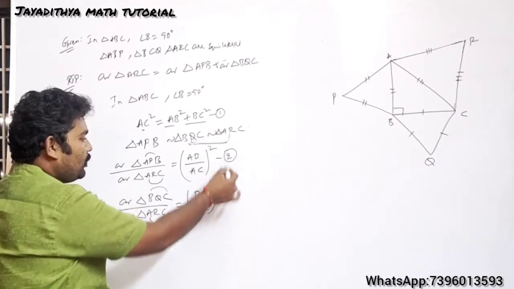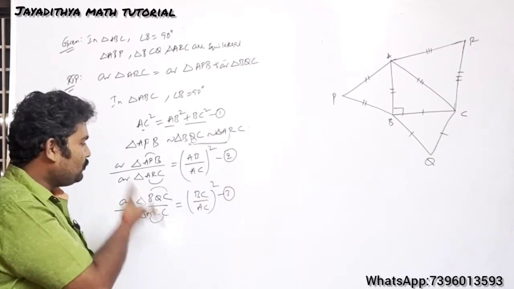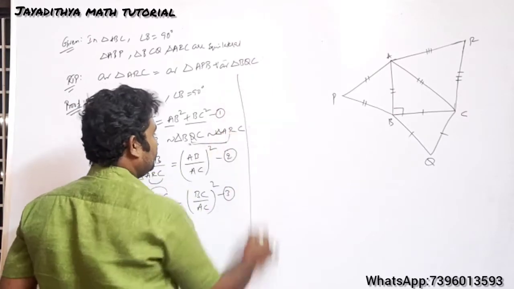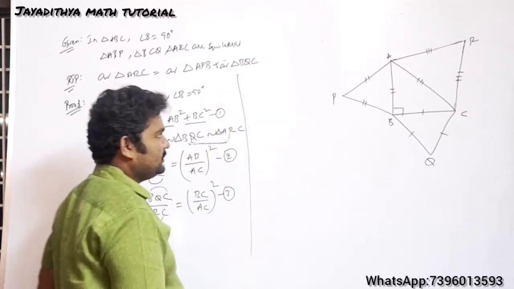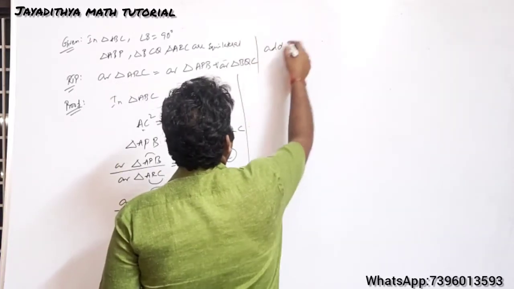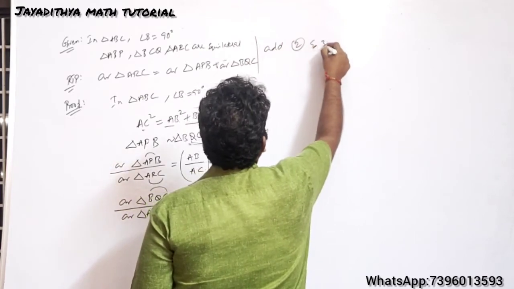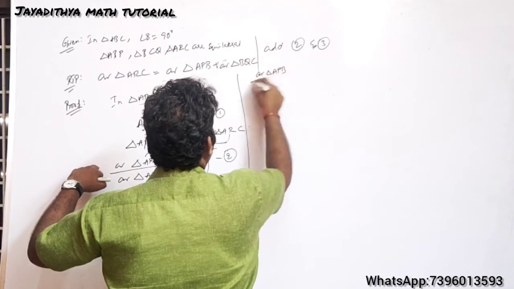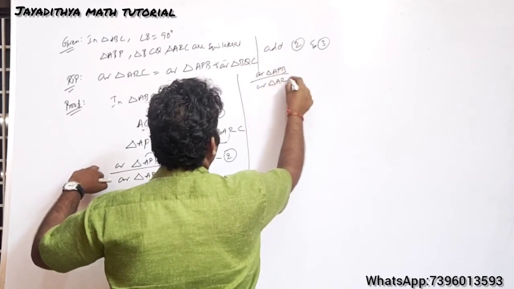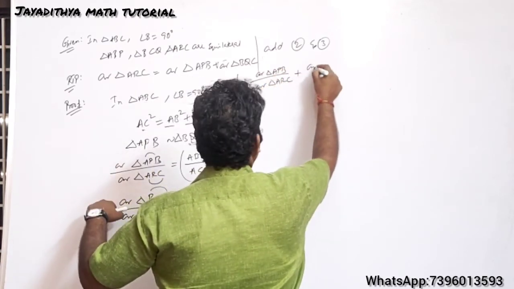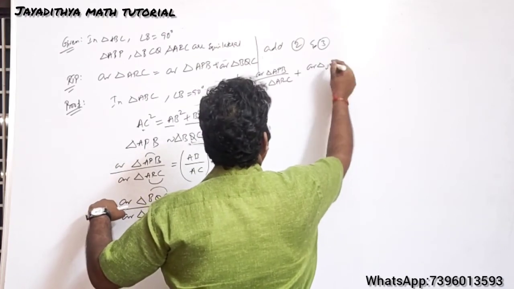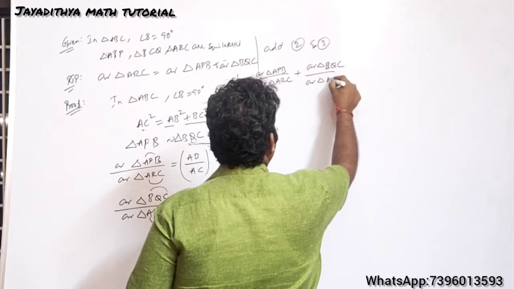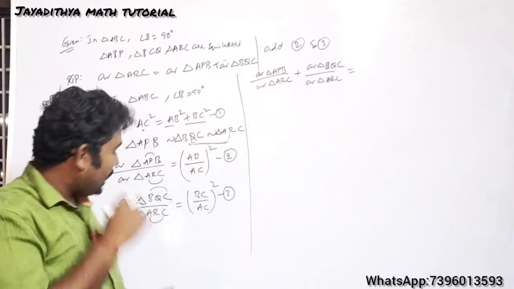So what happens now? Let us see. I got equation 2 and equation 3. I will try to add these two now. If you add equation 2 and equation 3, on the LHS you have area of triangle APB by area of triangle ARC plus area of triangle BQC by area of triangle ARC, which is equals to what you have on the RHS?